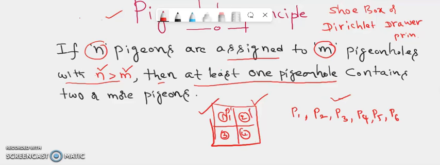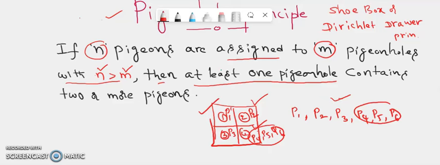Second pigeon will occupy the second pigeonhole. Third pigeon will occupy third pigeonhole. The remaining 3 pigeons may occupy the fourth pigeonhole. So this is the pigeonhole principle. At least one pigeonhole means the fourth pigeonhole must contain 2 or more pigeons.